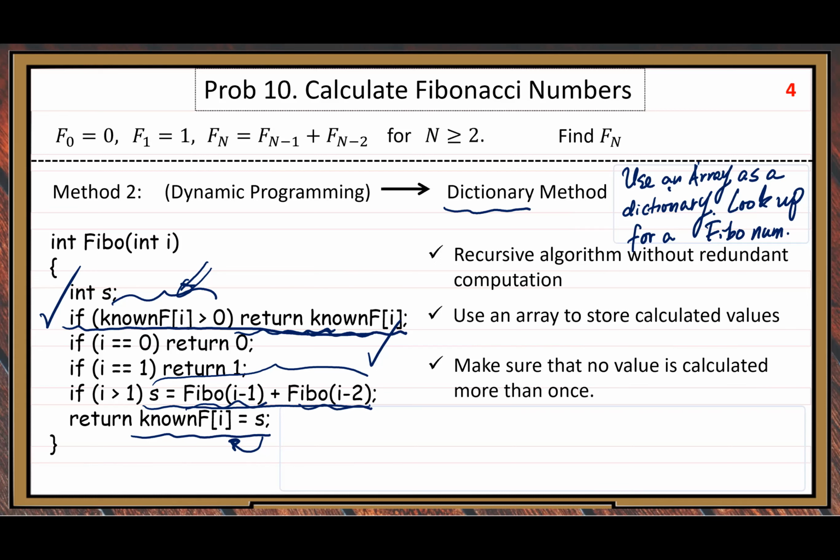So that's the reason we can save time. If you implement this algorithm, the efficiency is still big theta of n.